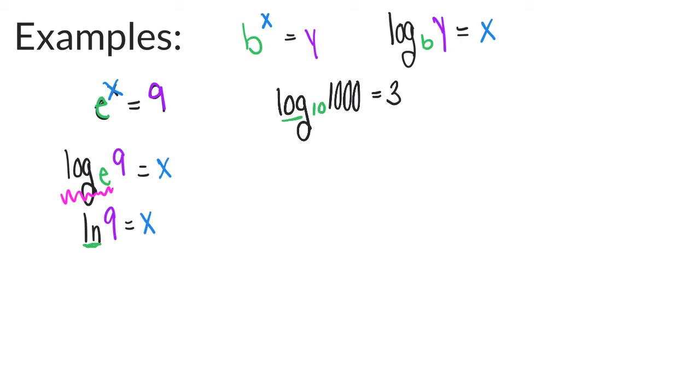So now let's take this log of 1,000 equaling 3, and let's rewrite it as an exponential. I'm going to start by writing my base, which is 10. I'm going to raise that to my exponent, and that's going to give me an answer of 1,000.